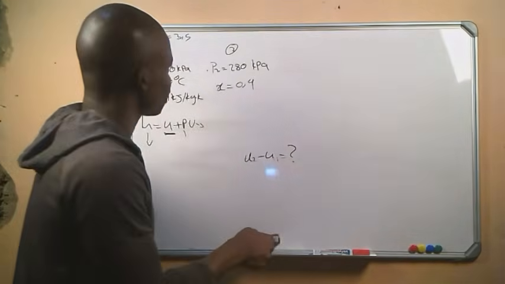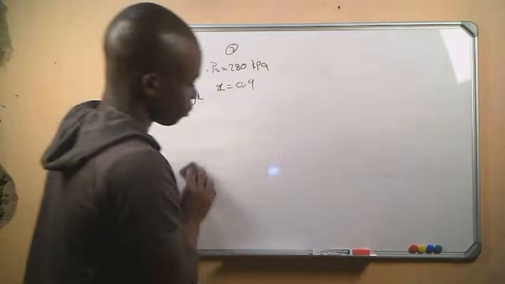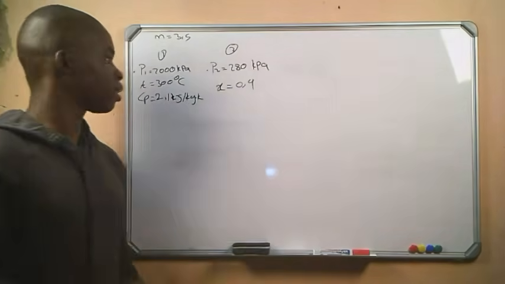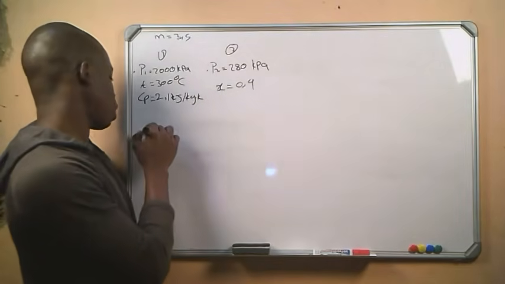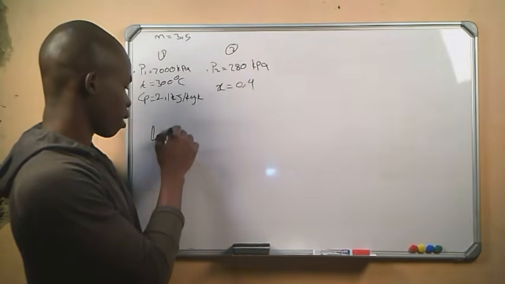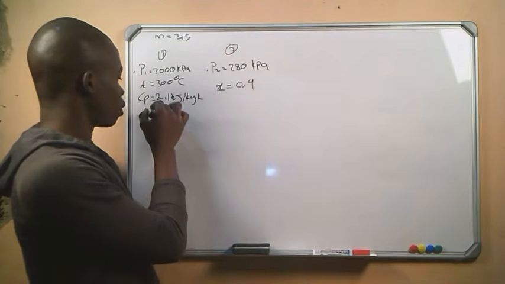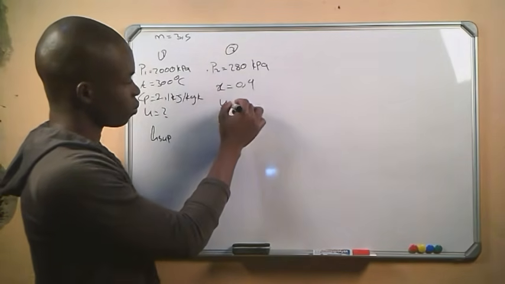Then let's start with the steam in the initial phase. We know that this is our superheated steam, and we can get our H sup. We want U here, and then we also want U here.